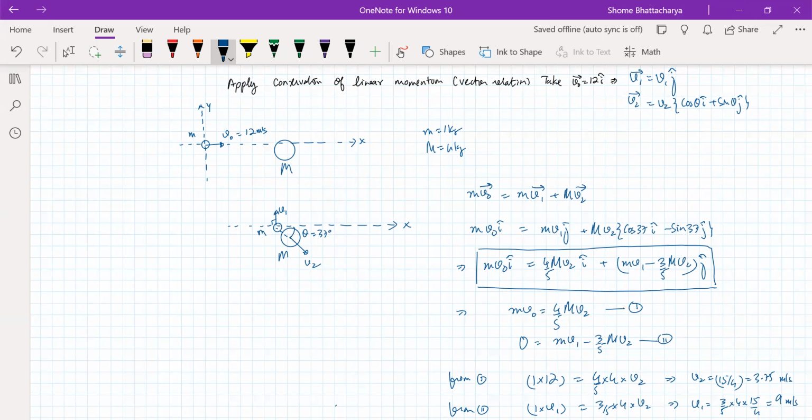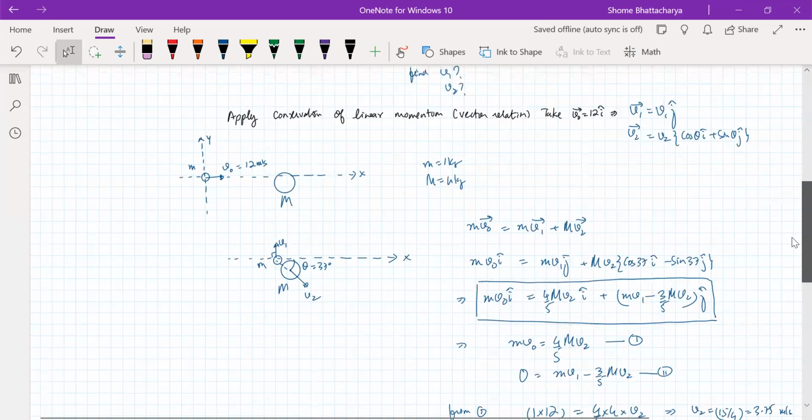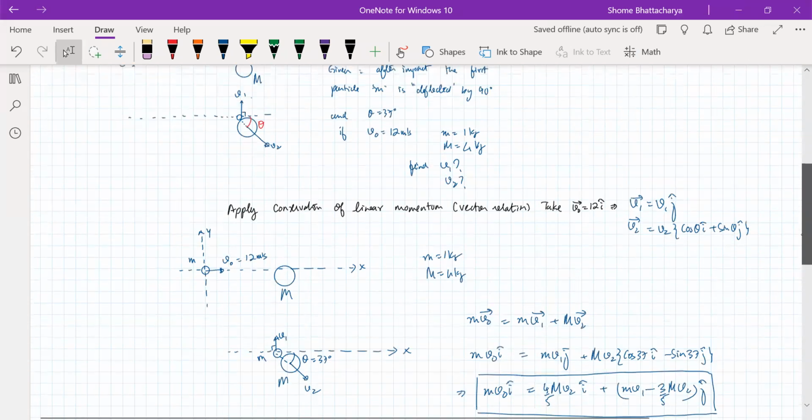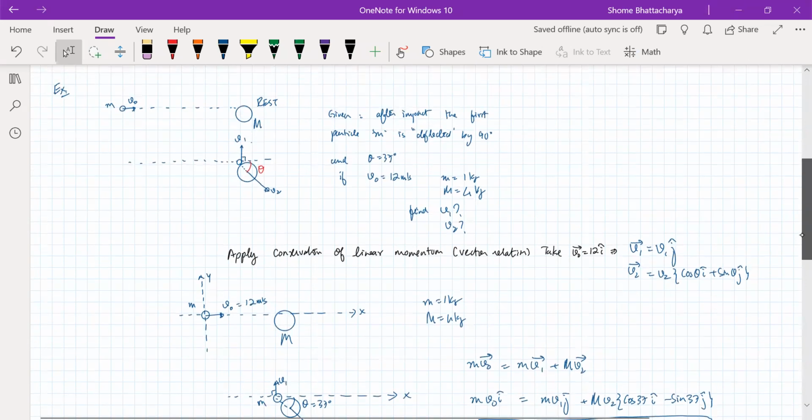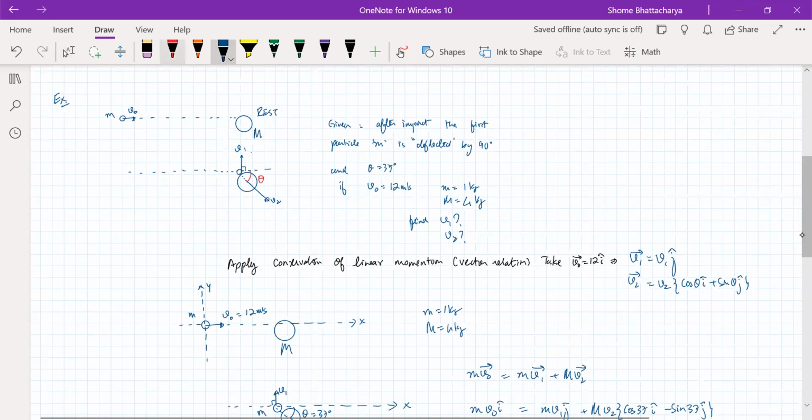Okay, so just make a change in the data of the question. I'm just going back to that, then I'll come back to the solution. What I've changed is that I have kept V1 unknown, and instead given the mass of capital M. So let's work this out. This is how it's coming.